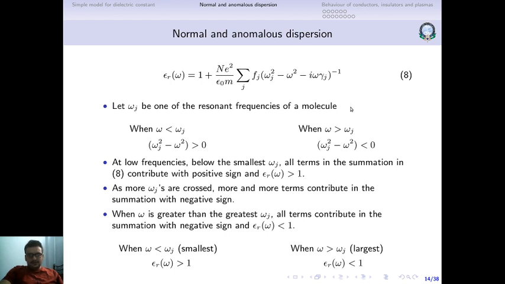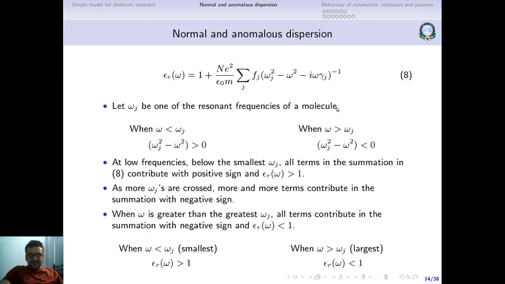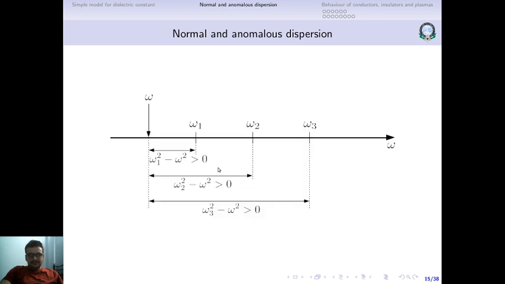Now to understand this, I have provided a diagram over here, so let's try to understand how this happens. We can think of these omega j's as the frequencies of, let's say, radio channels. Different radio channels have different frequencies. So this is one frequency of one particular molecule, one particular electron.